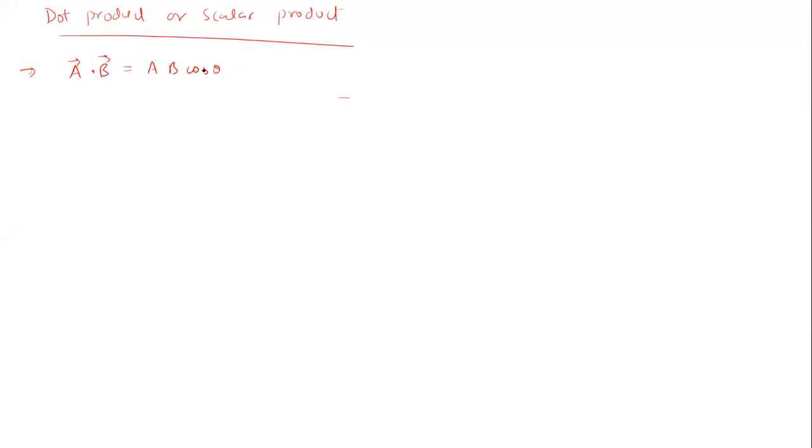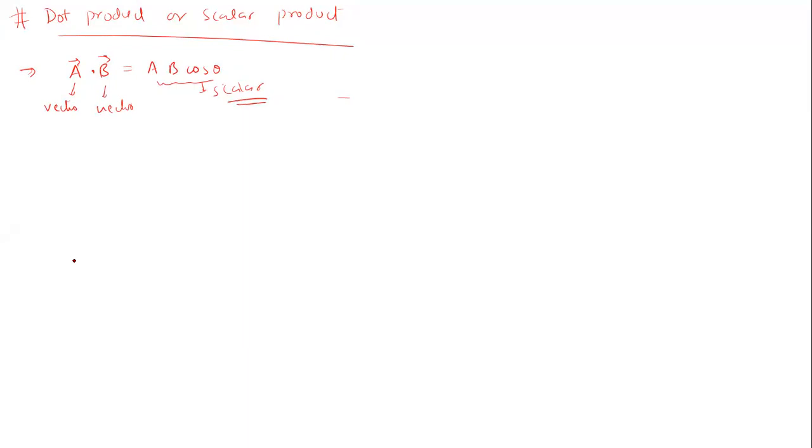The answer which we are getting is a scalar quantity. We are multiplying a vector with a vector, and we are getting a scalar quantity. That is known as scalar product or dot product.